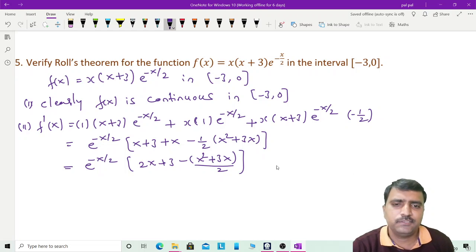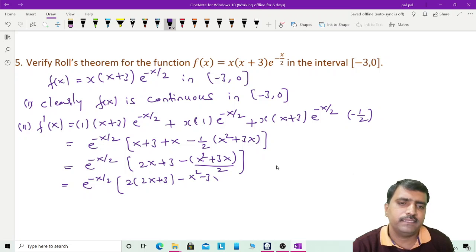So taking the LCM 2, this has to be multiplied by 2, which is equal to e to the power minus x by 2 into 2 into 2x plus 3 minus x square minus 3x. When you are multiplying the minus, it becomes this, this whole divided by 2, which is equal to e to the power minus x by 2 divided by 2.